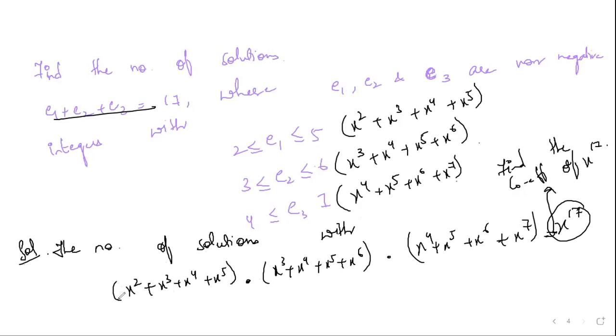Easily we can see that in each of these brackets, the coefficient of every term is 1. So we will get the value 3. Hence there will be 3 solutions.